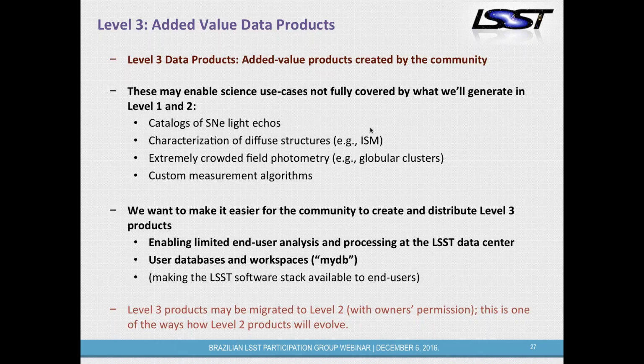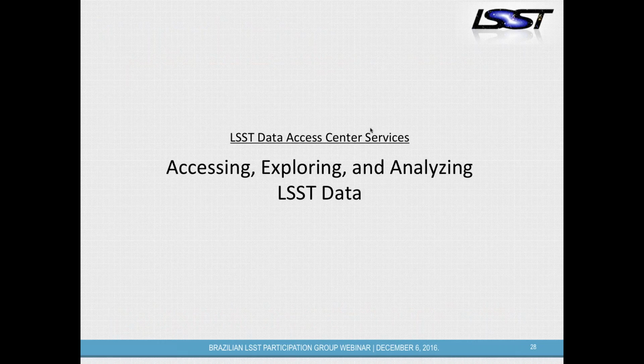And so in the next release of the level 2 data, you would find that level 3 product as well. So this is, I think, one of the ways how level 2 products will evolve, by looking at what the community is doing, discovering things that are particularly useful to everyone, and then adopting them for level 2, again, with the owner's permission.